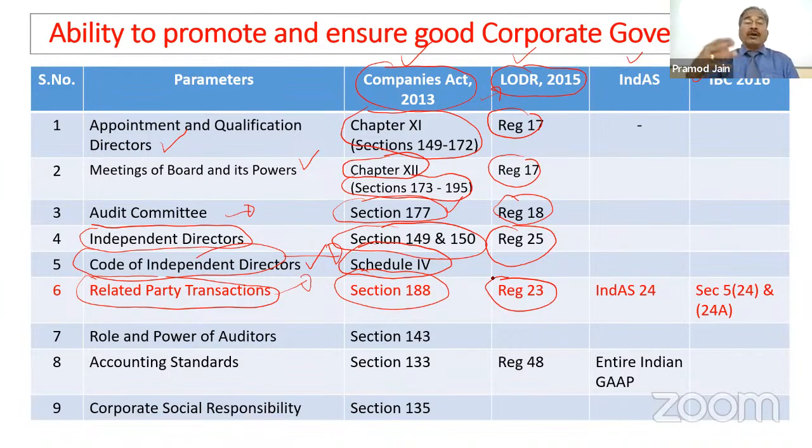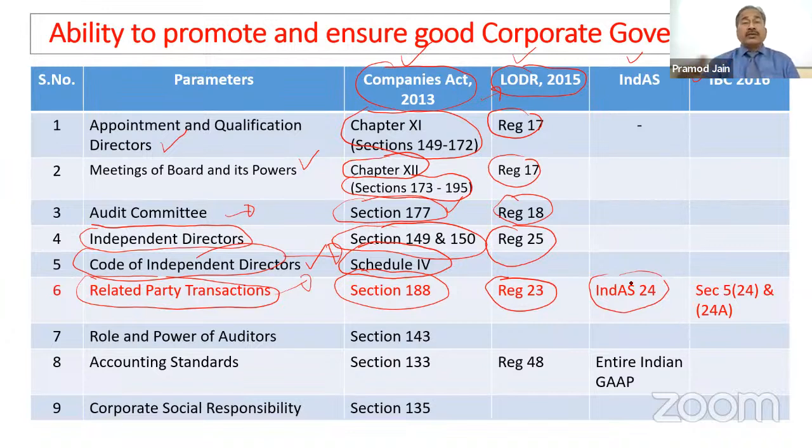And if these are the obligations of the board of directors of companies, and if you are an independent director on a board of a company, obviously it also becomes your responsibility to ensure that all these provisions are duly taken care of. और मैं आपको बताऊं कि जहां तक रिलेटेड पार्टी ट्रांजैक्शन का सवाल है, besides Section 188 of the Companies Act, besides Regulation 23 of LODR, you also need to look at Ind AS 24.